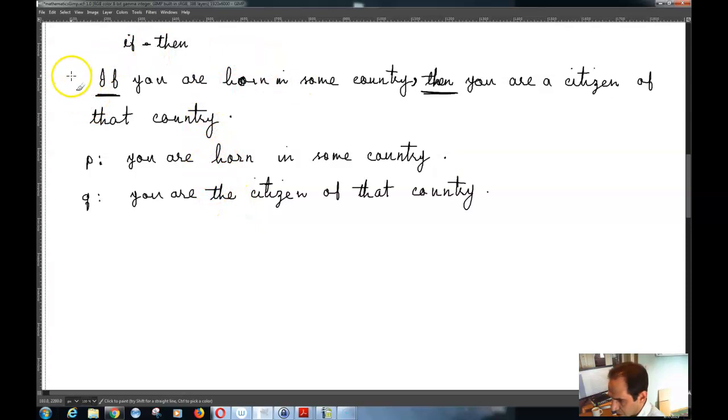If I call it R, then R corresponds to these two statements P and Q.